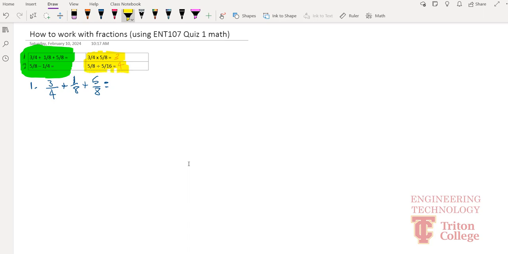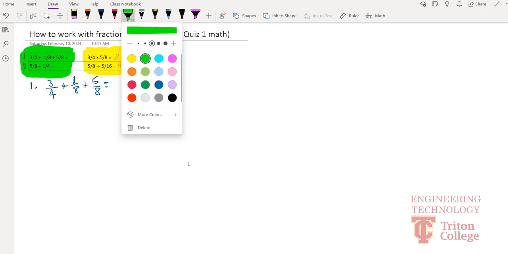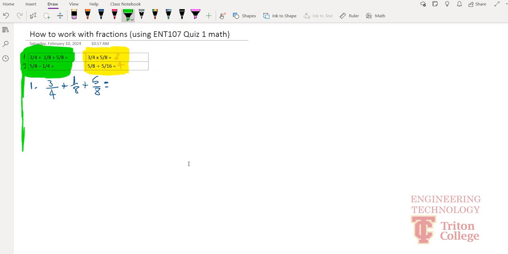Okay, that's the first thing you have to remember. When you work with fractions, if you're dealing with addition and subtraction, you handle it differently than if you're dealing with multiplication and division. Honestly, multiplication and division of fractions is faster. I'll be honest to say that. So I'm going to go through the process for addition and subtraction first, which is going to be this side.